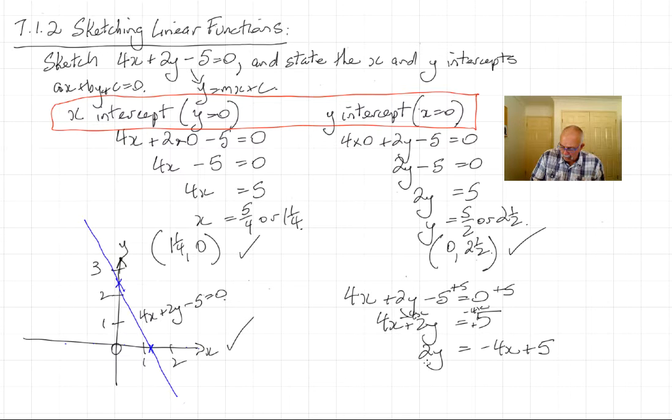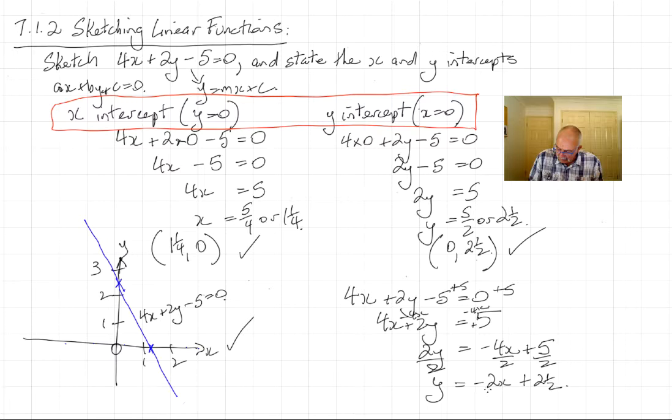And now to get y by itself, we divide right through every term by 2. And we get y equals negative 2x plus 2.5. Okay. Now that is the gradient intercept form.